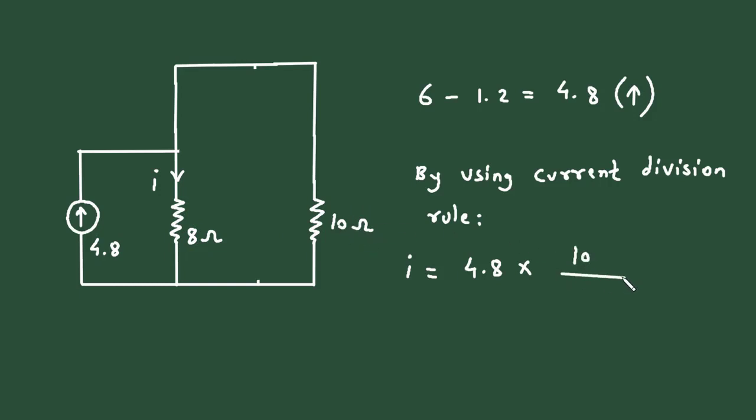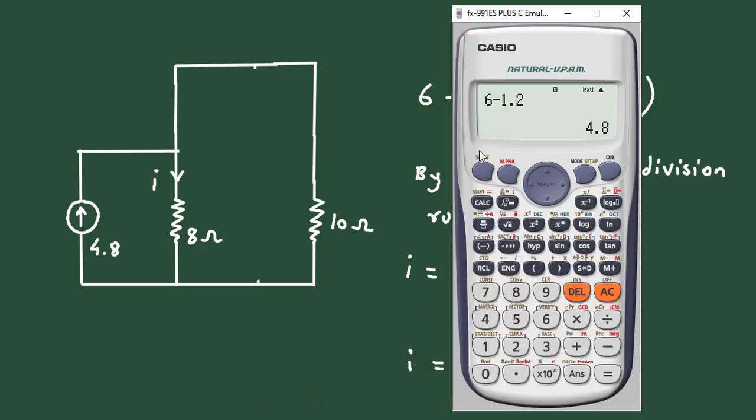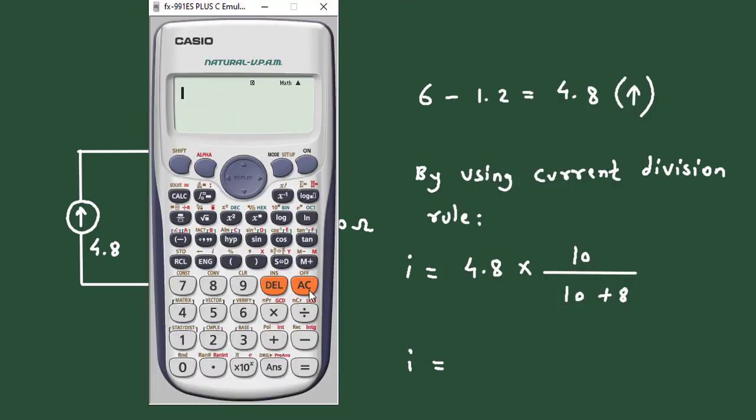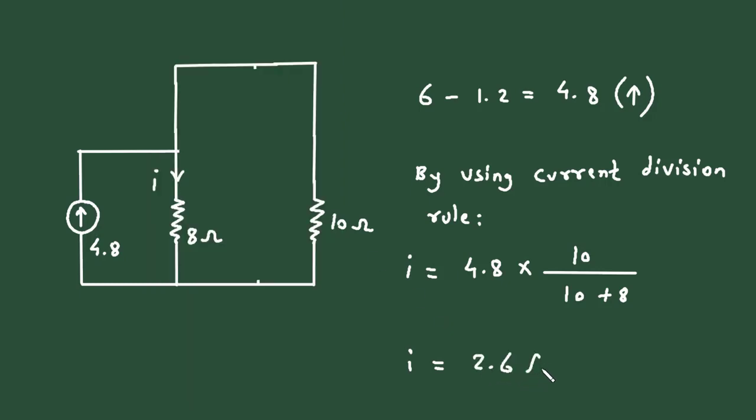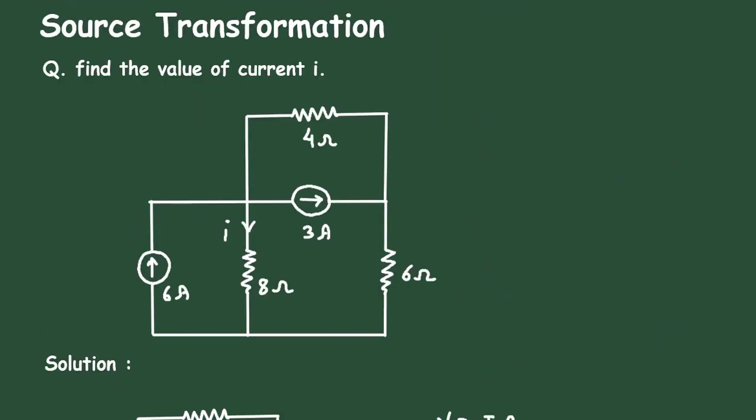So 10 divided by 10 plus 8. If we solve this, I is equal to 4.8 multiplied by 10 divided by 10 plus 8, so it is 2.6 ampere, the value of current I. So this is how we can find the current by using the source transformation technique.